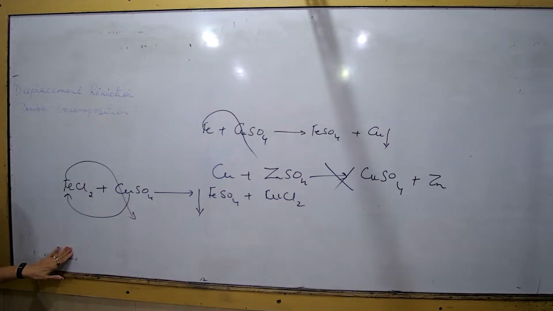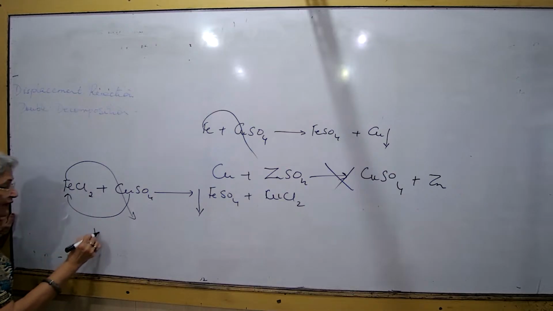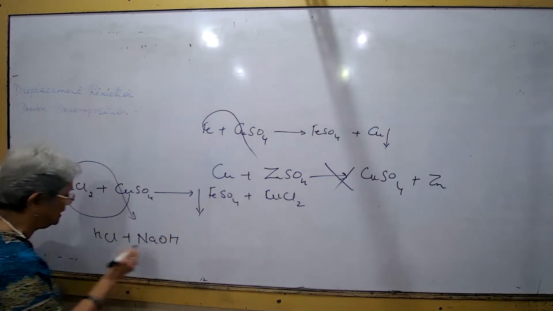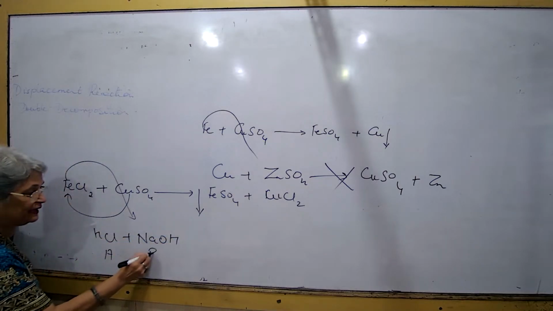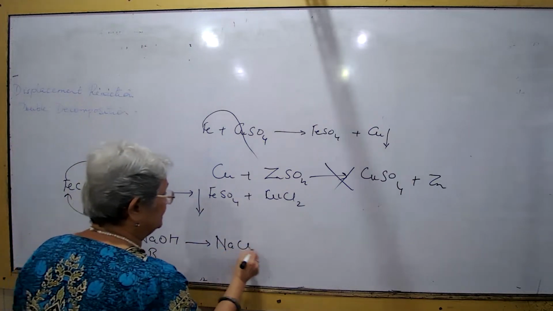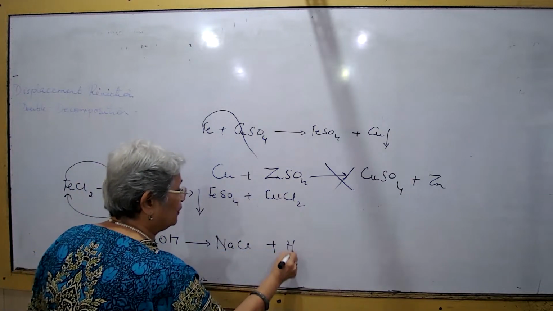Double decomposition reaction is also a neutralization reaction. All neutralization reactions are double decomposition. HCl plus NaOH, an acid and a base, will give you what? Salt and water: NaCl plus water.